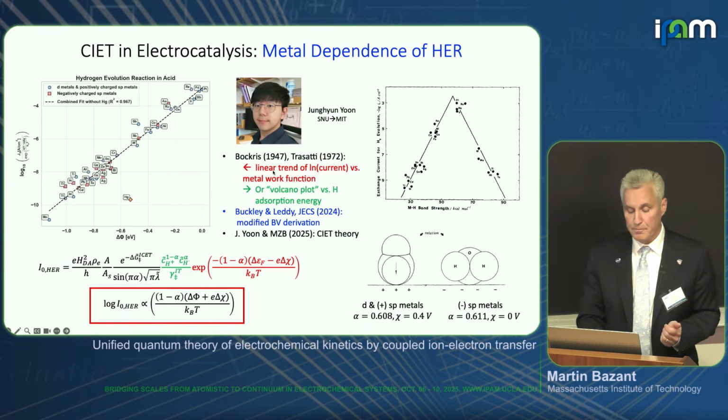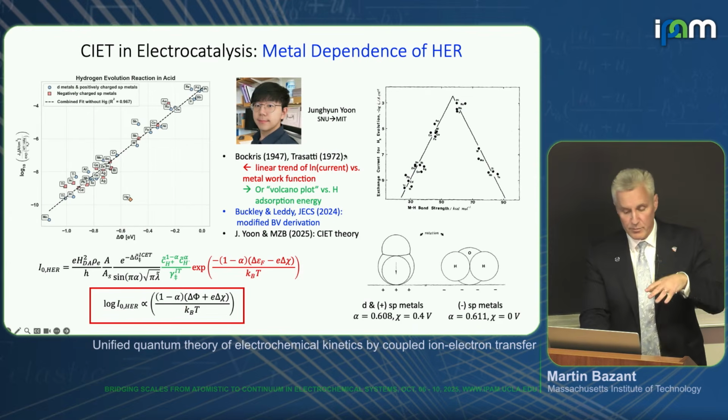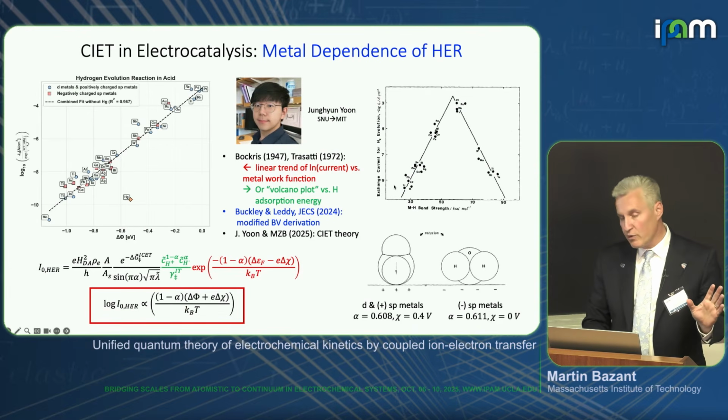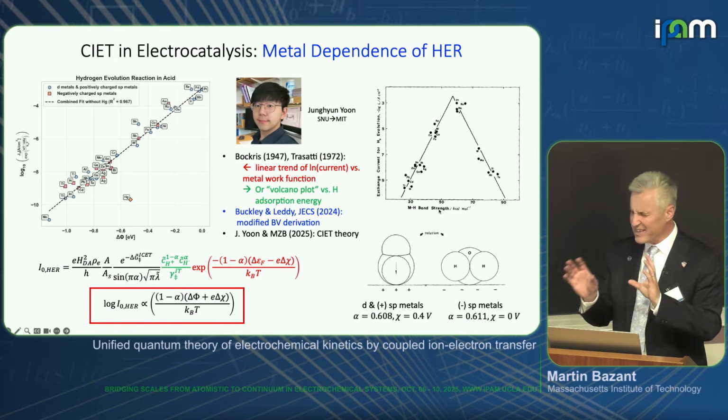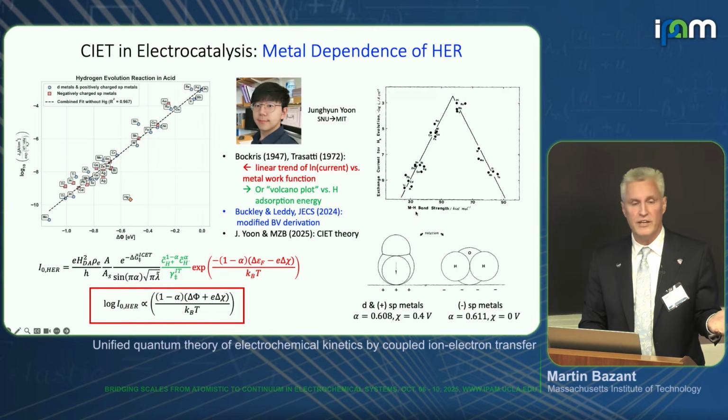That wasn't really explained. Starting around the time of Trasatti's paper, he acknowledged this, but he said the way we should think about electrocatalysis instead is not to plot it against metal work function, but against the metal-hydrogen bond strength, which is not that well understood and has issues, and to make the so-called volcano plot.